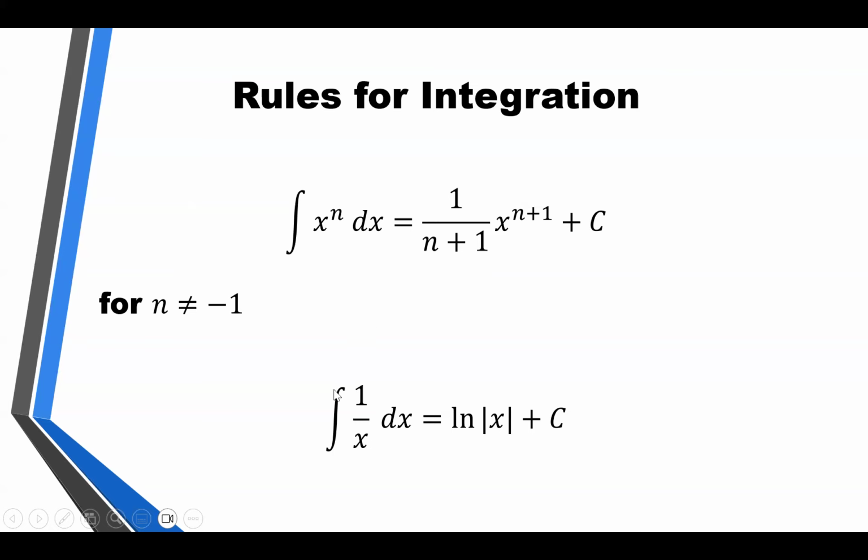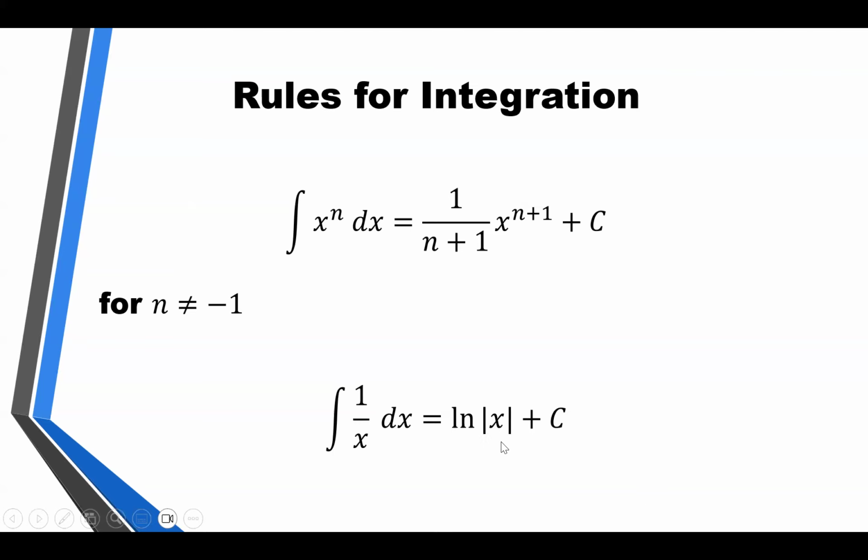And it turns out when you integrate 1 over x, you get the natural log of x plus c. Technically, you get the natural log of the absolute value of x, because in natural log, you can't plug in anything that's negative.